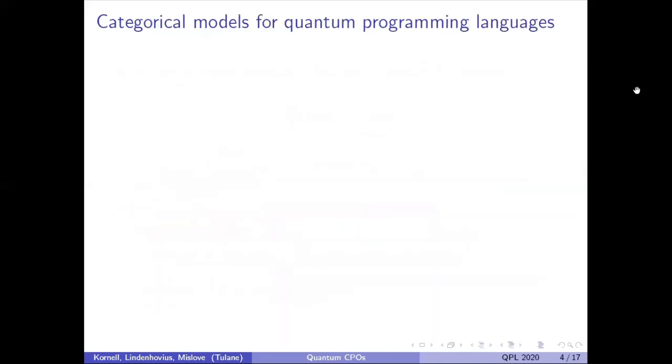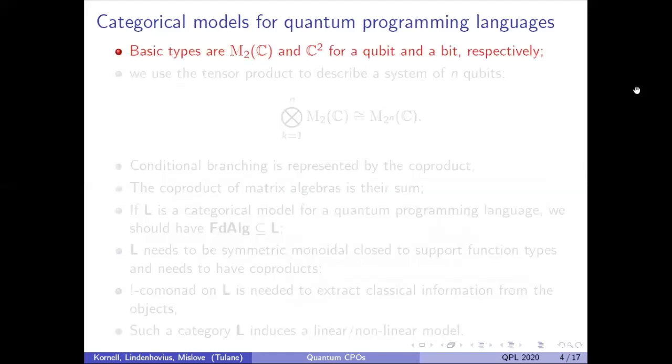So what is necessary for a model for quantum programming languages? First we need basic types like qubits and bits, and the first are typically represented by 2x2 matrices. But we also want to describe combined systems of n qubits, which is typically described by taking the n-fold tensor product of 2x2 matrices, and the result is again a matrix algebra.